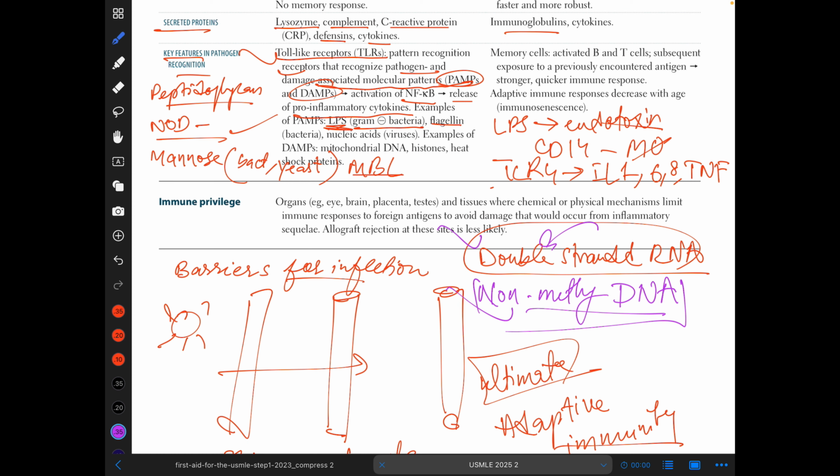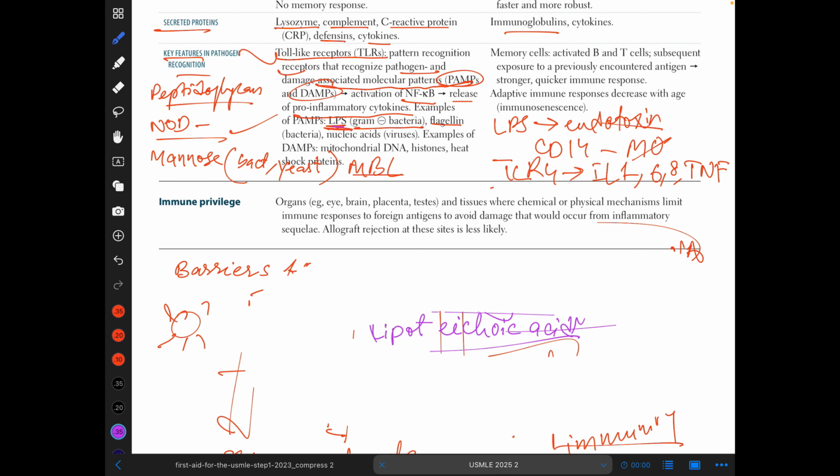After all these things, you know that for gram-negative we have lipopolysaccharide. Same for gram-positive, we have lipoteichoic acid.